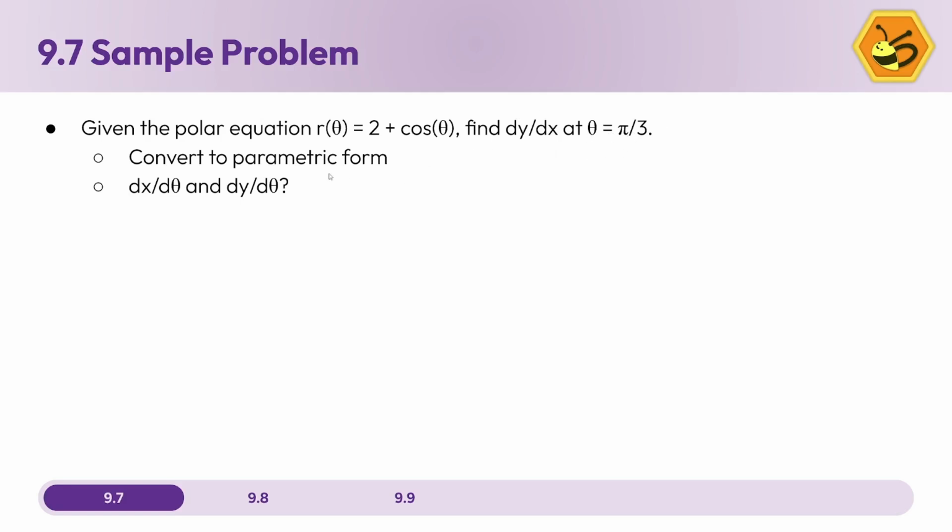Some tips would be to first convert to our parametric form, so again, converting it back to Cartesian points. Then we want to find our derivatives of dx in terms of d theta and dy in terms of d theta, then use our parametric formula for the first derivative.